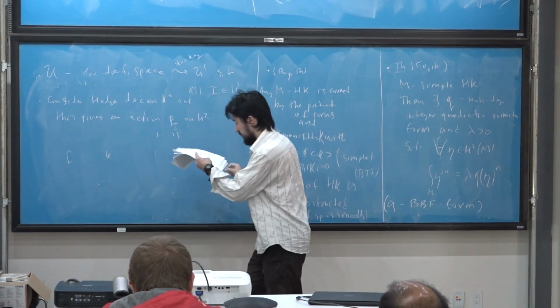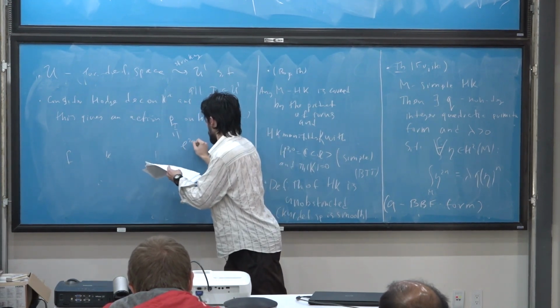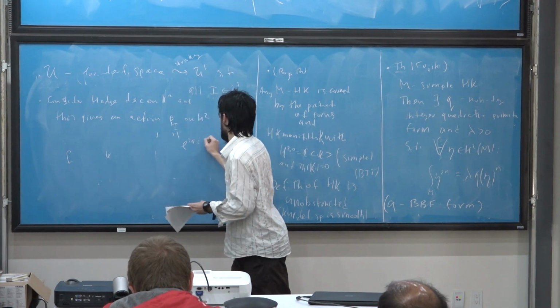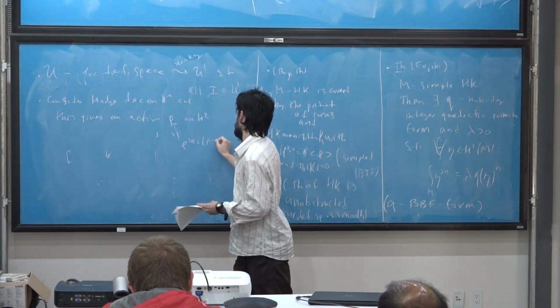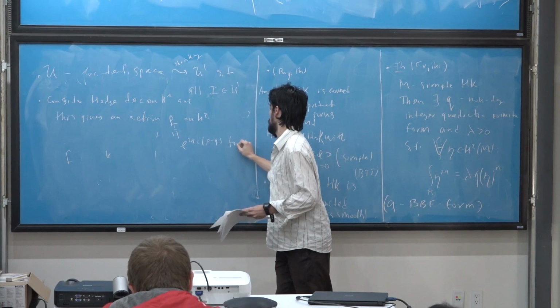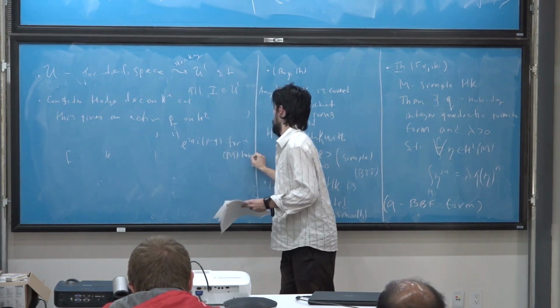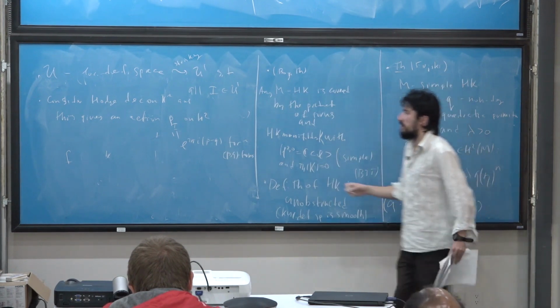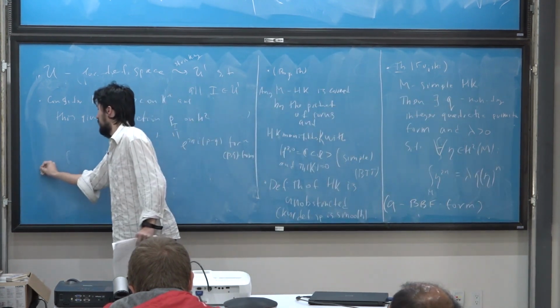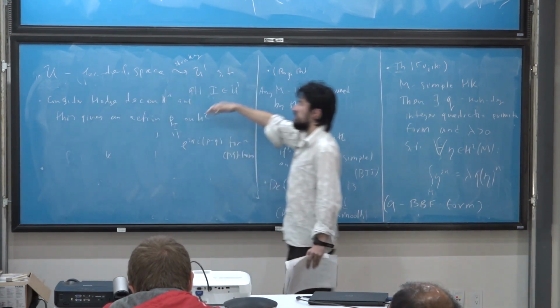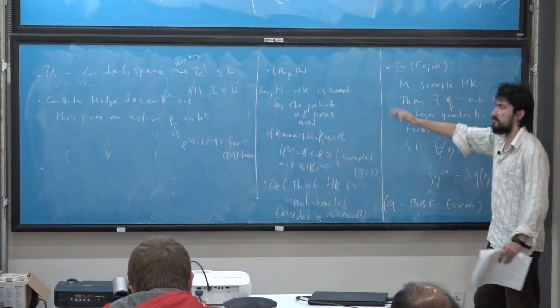This action is given by e to the 2 pi I (p minus q) for (p,q) forms. Okay, and then this part of the argument is the same as if you work in the Kahler case.